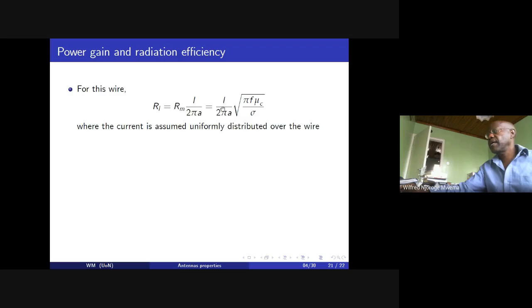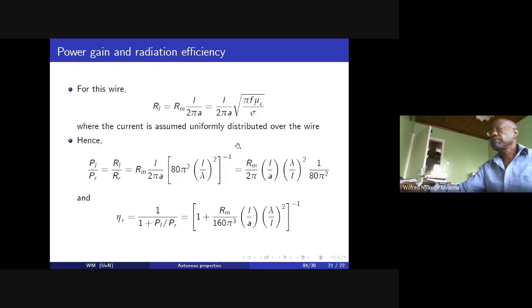And we get RL equals L over 2 pi a times the square root of pi f mu C over sigma C, where mu C is the magnetic permeability of the conductor material. So the current has been assumed to be uniformly distributed over the wire.